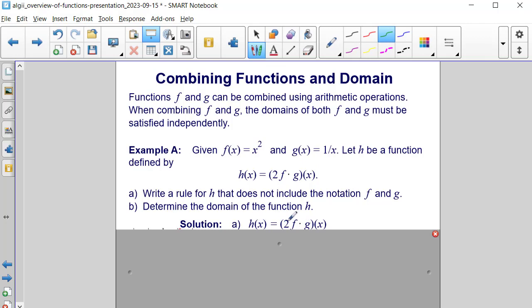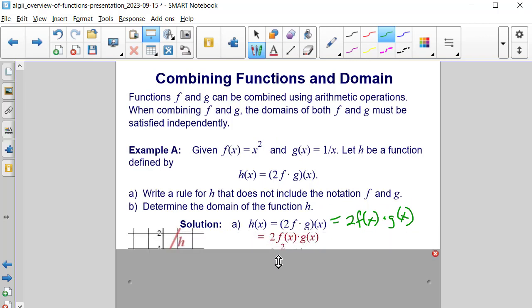So h of x is going to be 2 times f times g of x. That's equivalent to 2 times f of x times g of x. So we have 2 and then f of x is x squared times 1 over x.